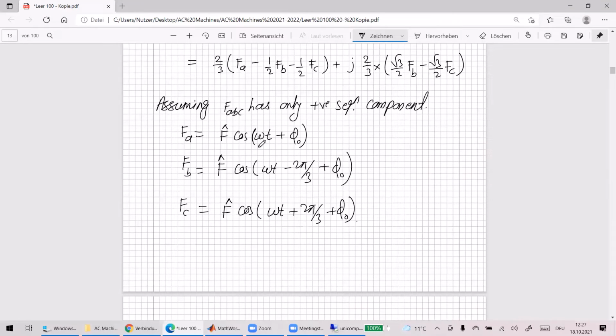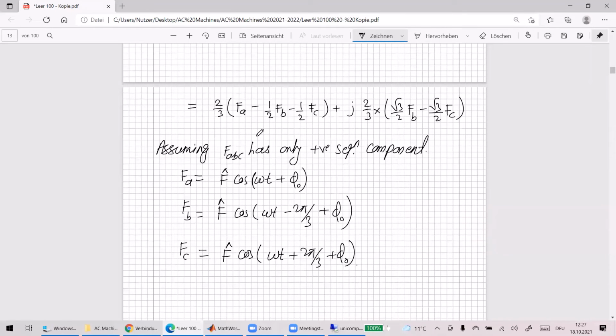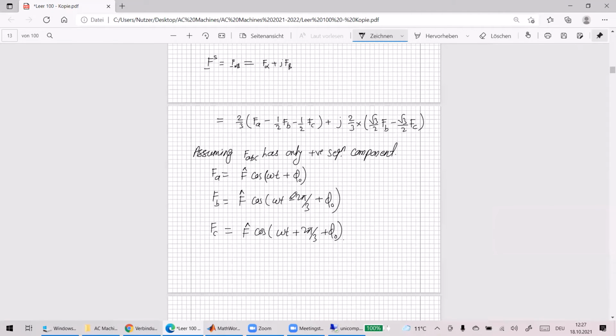Now I would like you to solve this so we can do it together, but I would skip that because we have very less time. What you can do is substitute these into the above equation, and you would see that the F stationary is going to be F hat cos omega t plus phi naught plus j F cap sin omega t plus phi naught.